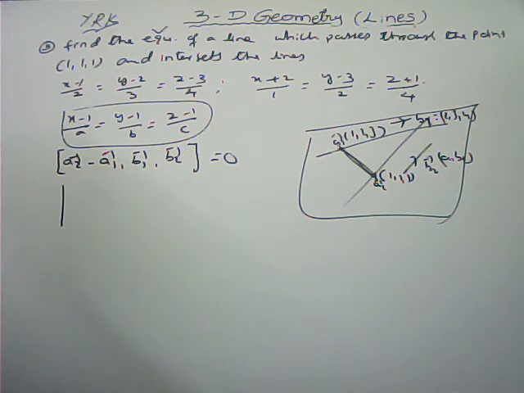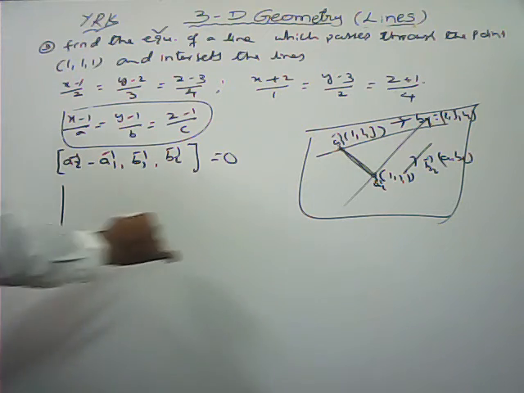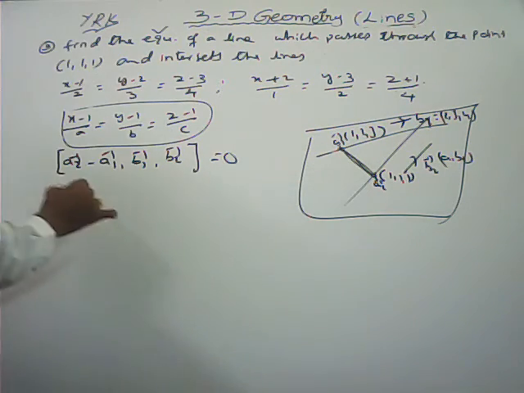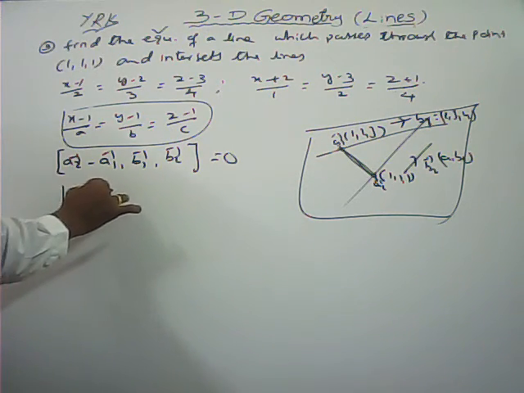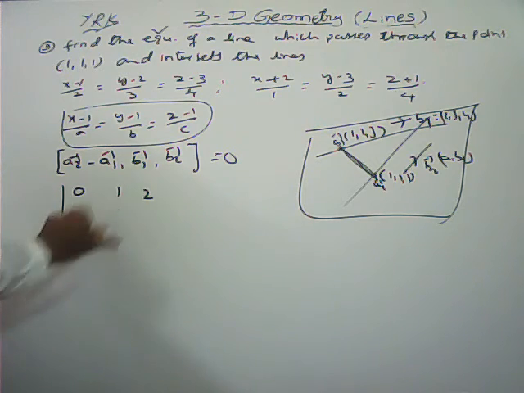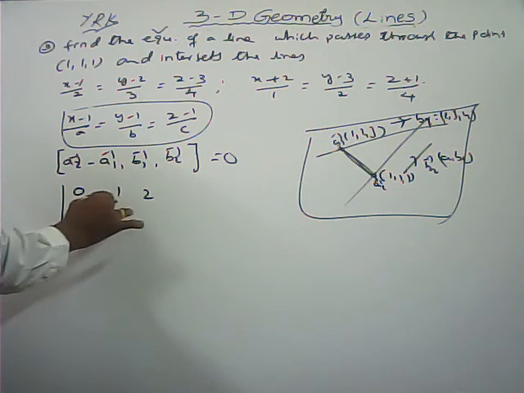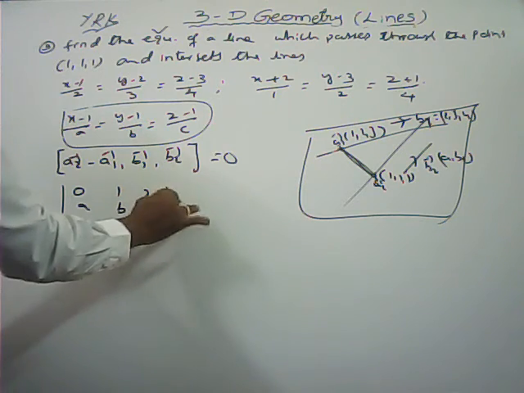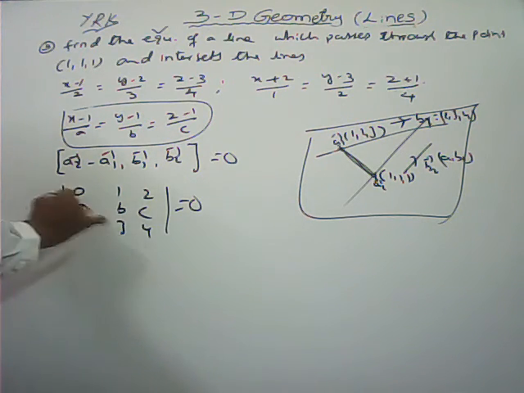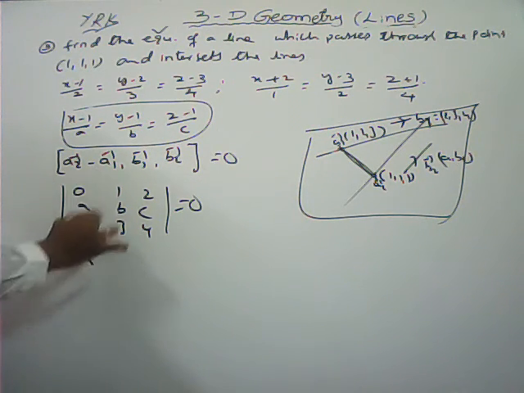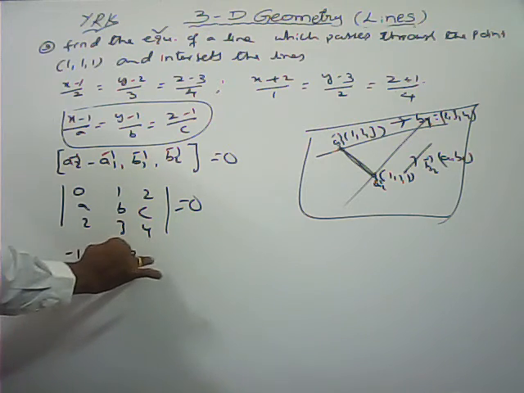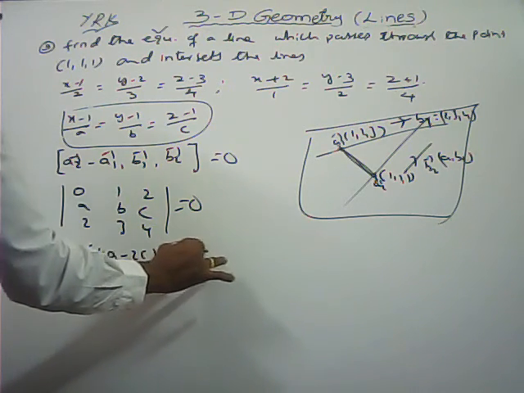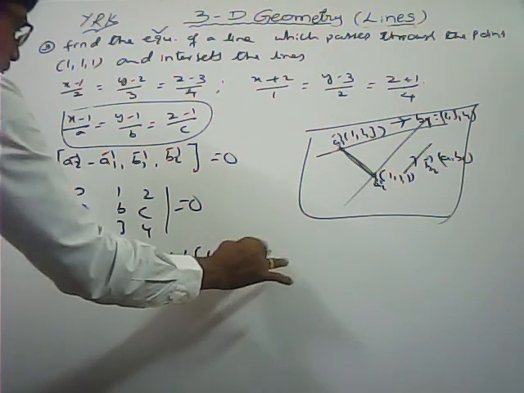Determinant of a2 bar minus a1 bar, that is (0, 2 minus 1, 3 minus 1), that is (0, 1, 2), then b1 bar, here I am taking a, b, c, and then (2, 3, 4). You can take any sequence, no problem. That is equal to 0. The first term is 0 and anything times 0 is 0. Minus 1 into (4a minus 2c) plus 2 into (4a minus 2c)... that is equal to 0.